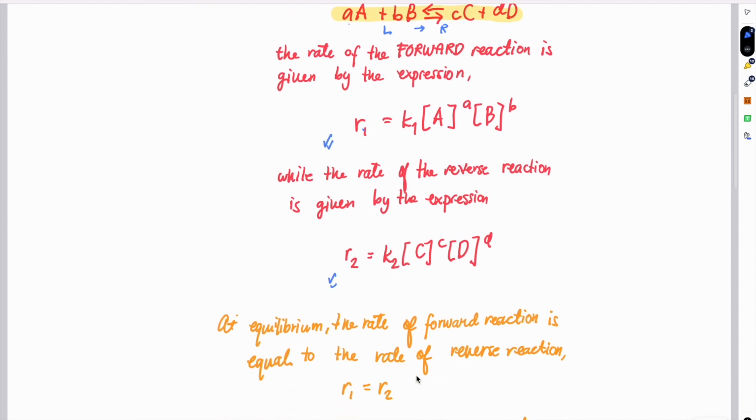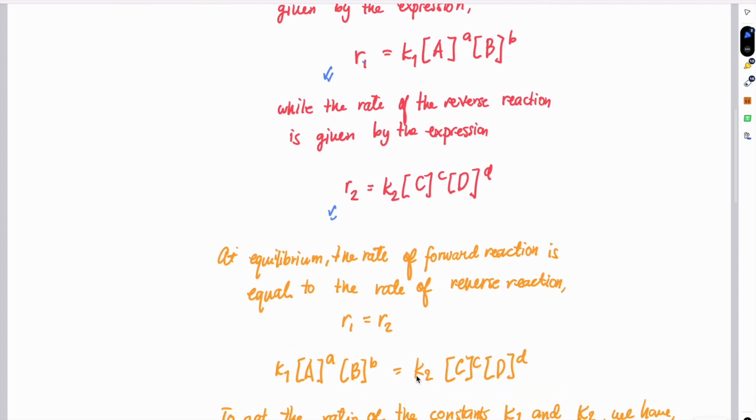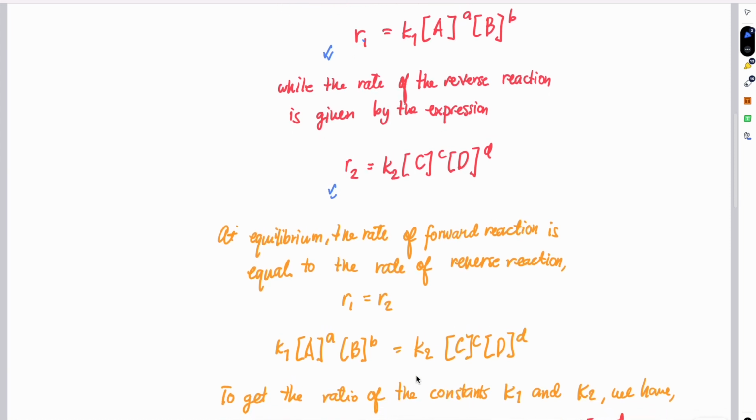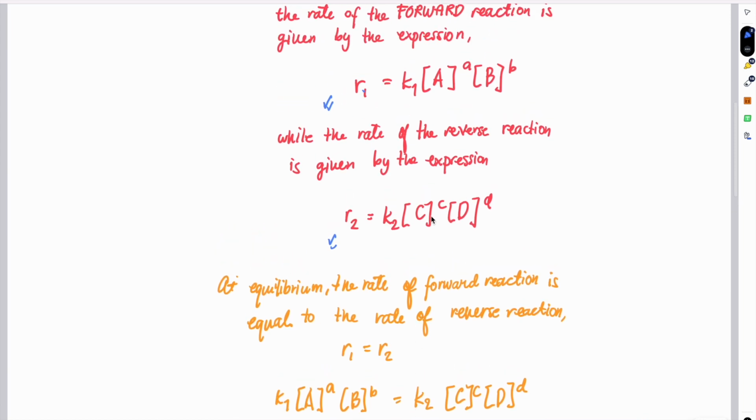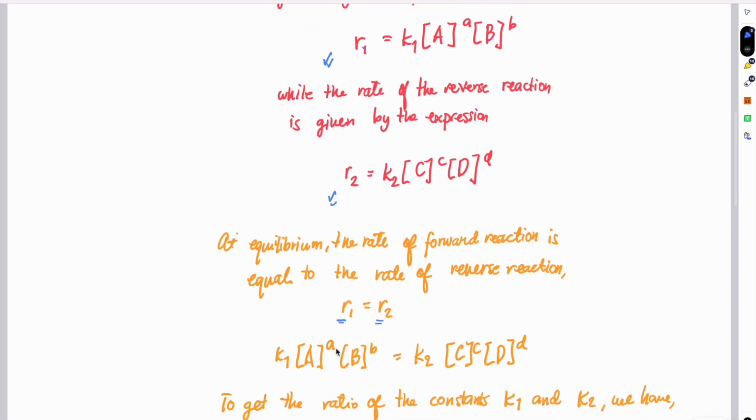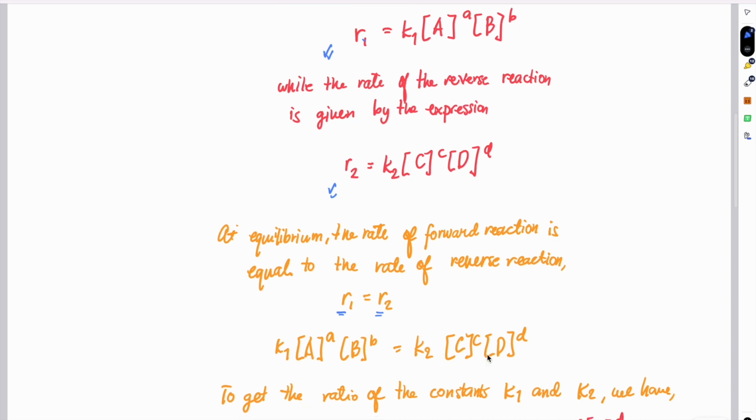It says that at equilibrium, the rate of the forward reaction is equal to the rate of the reverse reaction. So at equilibrium, R1 and R2 are equal. So K sub 1 [A] raised to the power of a [B] raised to the power of b is equal to K sub 2 [C] raised to the power of c [D] raised to the power of d.